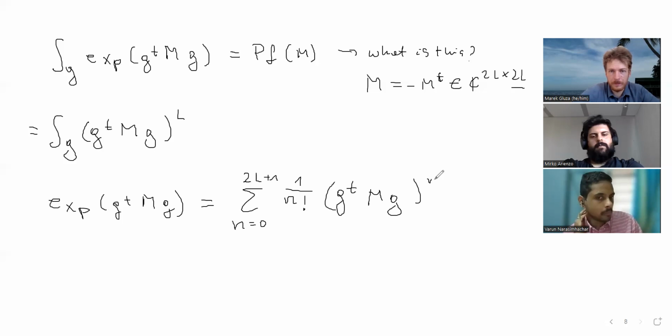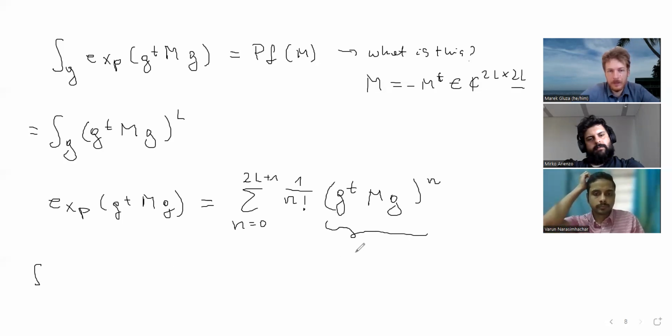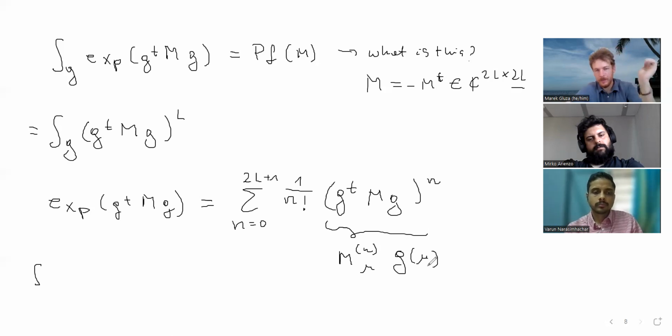GTMG to power n, yeah. And so what's happening? If I expand this, to say that this is some M n mu g of mu. So I'm taking all the products, I'm collecting all the coefficients, and then I will have g of mu, right?